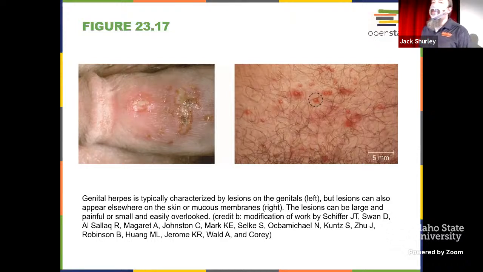Oftentimes thinking about maybe skin or eye or both as potentials for becoming infected. There are other circumstances where it may be systemic, may disseminate throughout the body, causing central nervous system damage and potential fatal consequences for that child. And it also can result in spontaneous abortion, stillbirth, things like that.